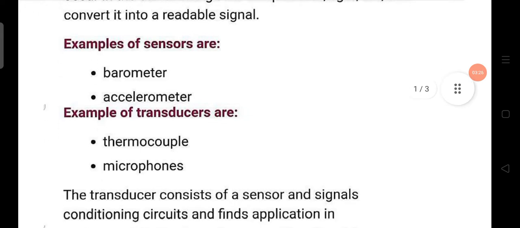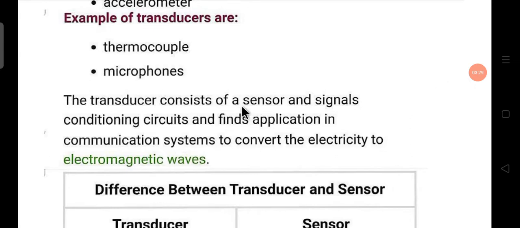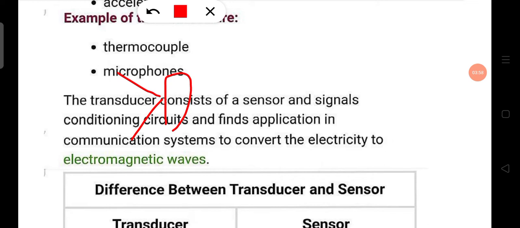Now the transducer consists of a sensor and a signal conditioning circuit, and finds application in communication systems to convert electrical signals to electromagnetic waves. In the previous unit on communication systems, I told you that in the basic communication module there is a speaker, and the speaker is also a transducer.